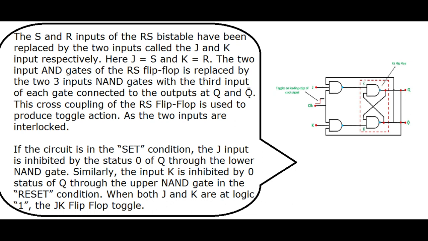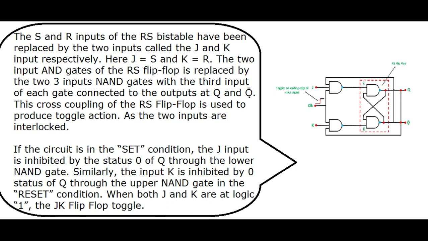The 2 input NAND gates of the RS flip-flop are replaced by 2 three-input NAND gates with the third input of each gate connected to the outputs Q and Q-bar. This cross-coupling of the RS flip-flop is used to produce toggle action, as the 2 inputs are interlocked.